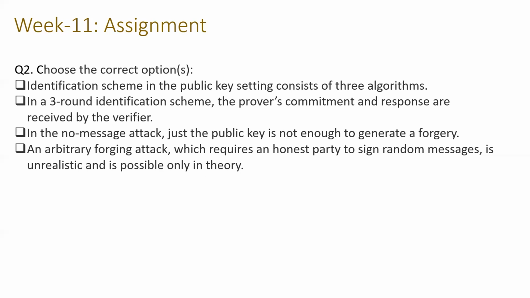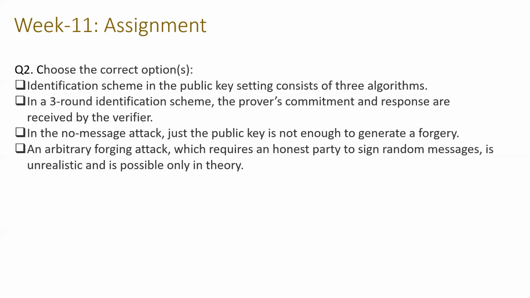So the challenge goes from verifier to prover. Now the prover's job is to generate the response using the algorithm P2, the secret key SK, and the challenge R. Whatever response it gets as output of the algorithm P2, we denote it as S, and this response S is sent from prover to verifier.